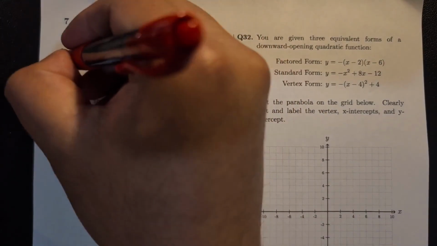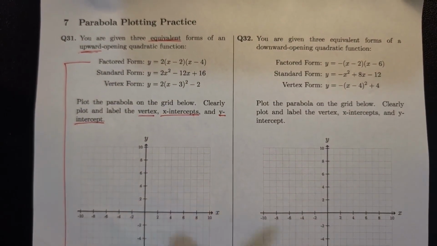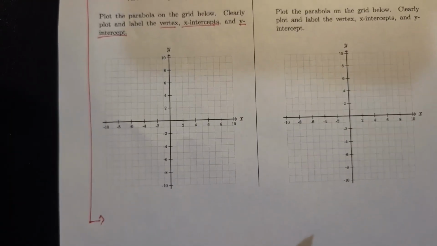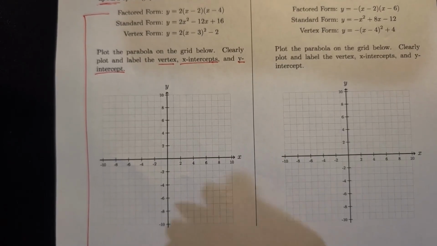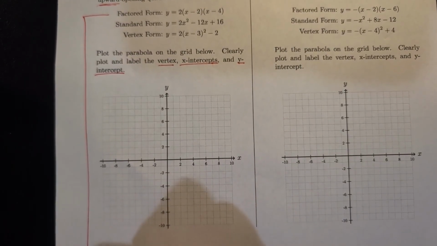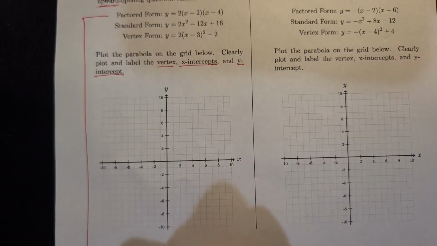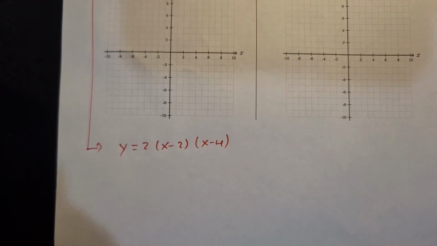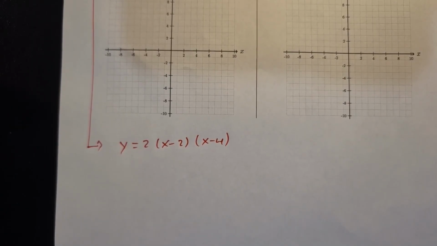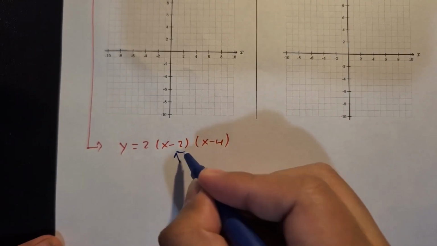Let's start with the factor form. Let's see if I'm in frame. I'll just write it. Factor form is this. When you are looking at factor form, what you are looking at is only the parentheses.